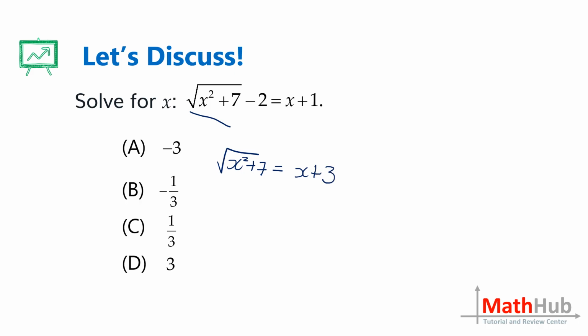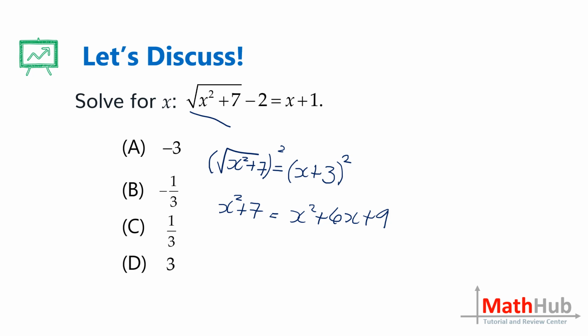Then we want to eliminate the square root sign. So we raise both sides to 2. We end up with x squared plus 7 equals the square of x plus 3, which is x squared plus 6x plus 9.